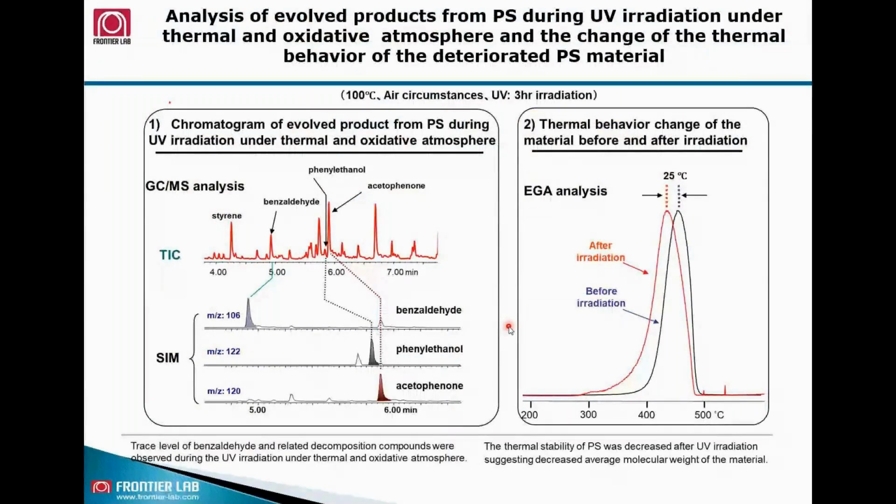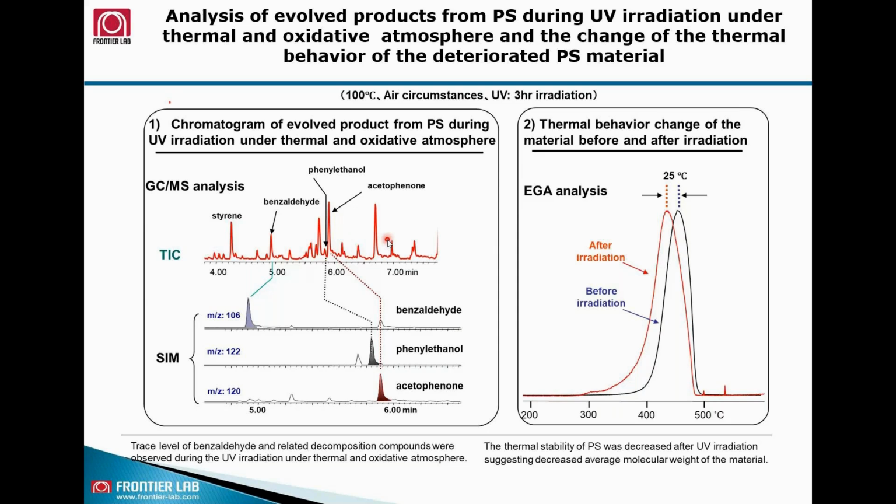Okay, now this is the last application on the UV PYGCMS. Here I'm trying to show the application because in the previous two data sets we mostly looked at the material analysis after UV light. In this case, we wanted to show how one can look at the degradation or the release of volatiles during light exposure.